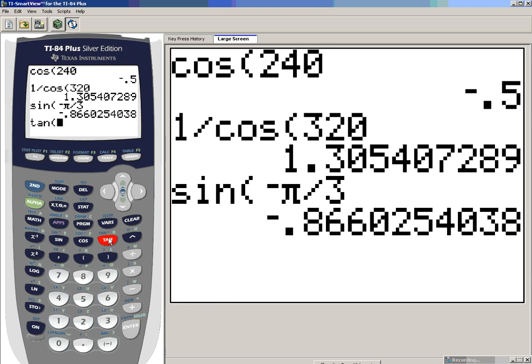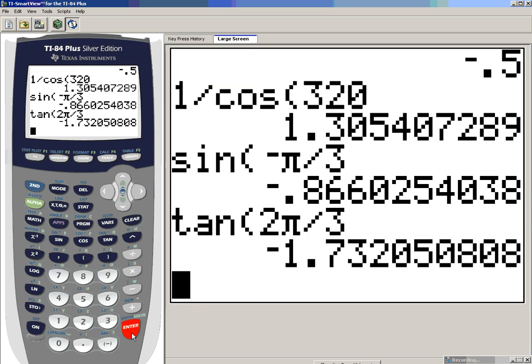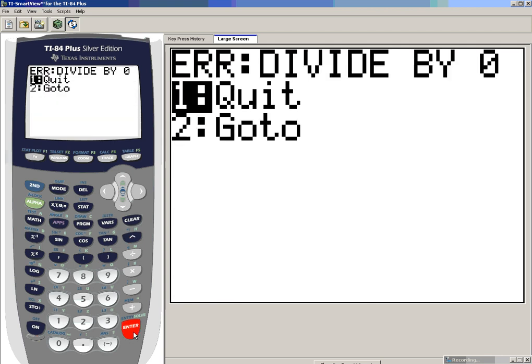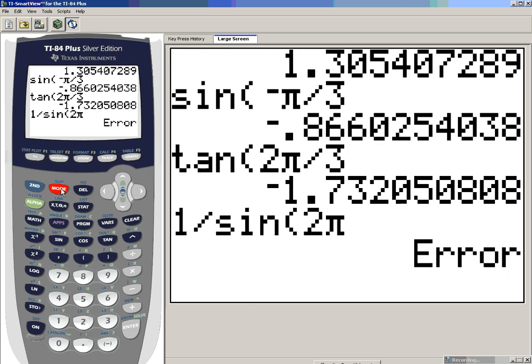Tangent of 2 pi over 3 is negative 1.732. Cosecant of 2 pi is 1 divided by the sine of 2 pi. We get an error. It says we cannot divide by 0. And let's look at the last one before we talk more about that. 1 divided by the tangent of 4.